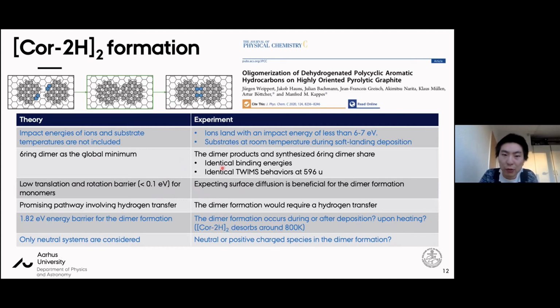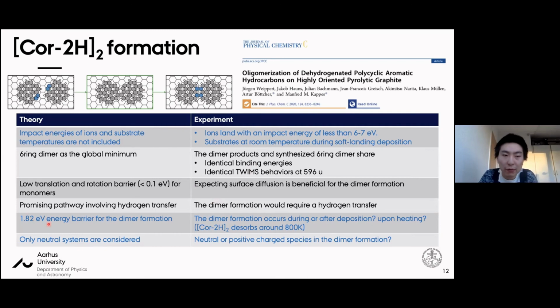For example, the authors are wondering whether the dimer formation occurs during or after the deposition, or whether the dimer can form only upon heating when you do the TPD experiments, and it has a quite high desorption temperature.